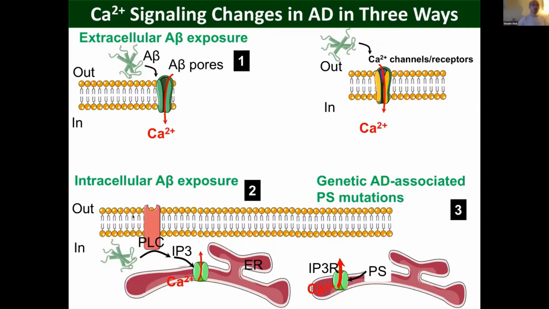The second way that amyloid beta can affect calcium signaling is that if you inject amyloid beta inside the cell, it activates the PLC pathway, which generates IP3, the stuff that Khalid talked about. And that IP3 would activate the calcium channel on the endoplasmic reticulum, releasing more calcium to the cytoplasm. Finally, the mutations in the proteins that are associated with the genetic type of Alzheimer's disease, presenilin, can directly interact with the IP3 receptors.